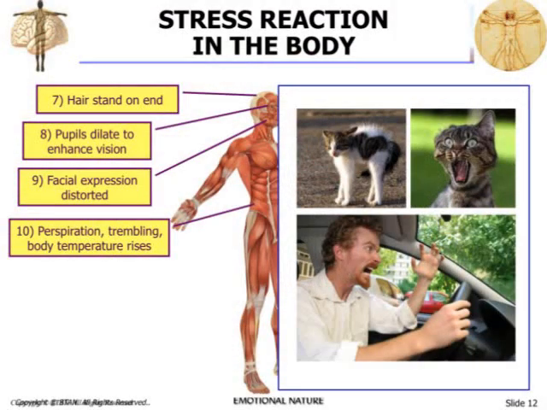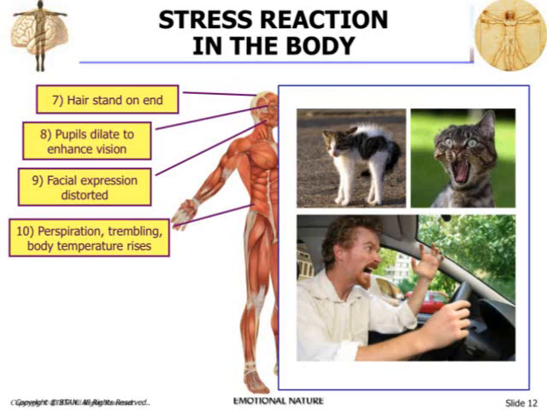Your hair to stand on end. The goosebumps you felt earlier on is actually a reaction of hair standing on end. And your pupils dilate. That means it opens up so you can catch more light to be able to see more clearly. It causes your facial expression to distort.